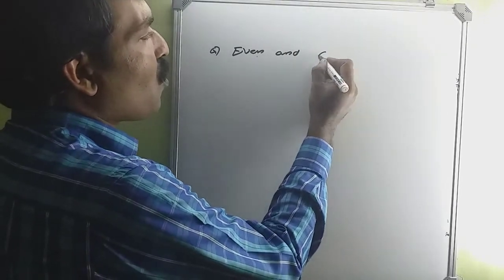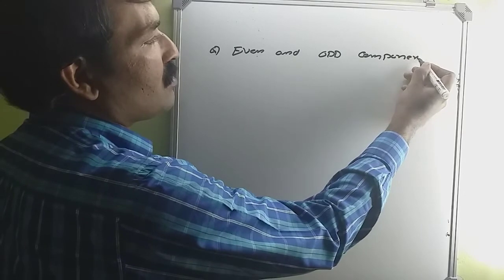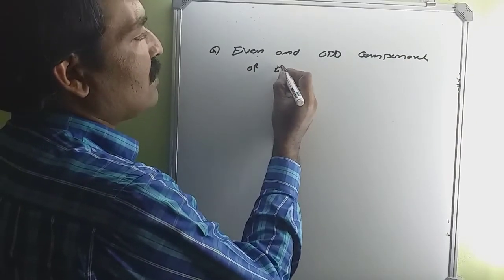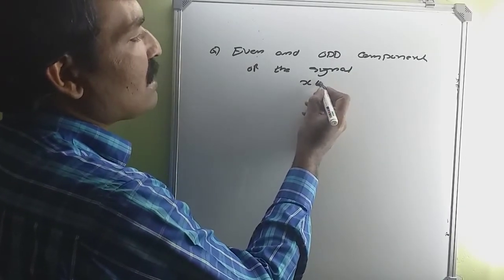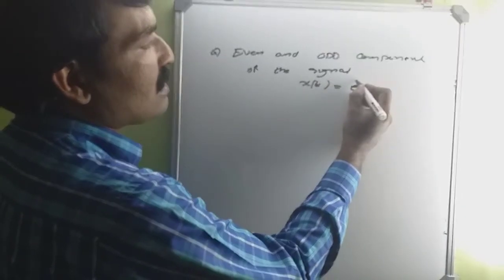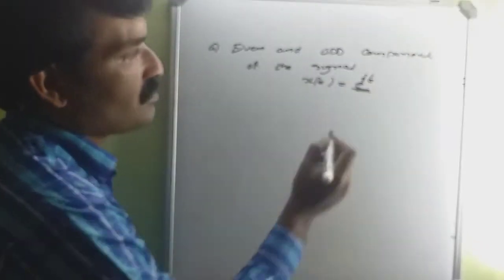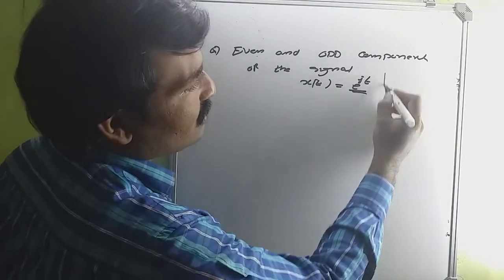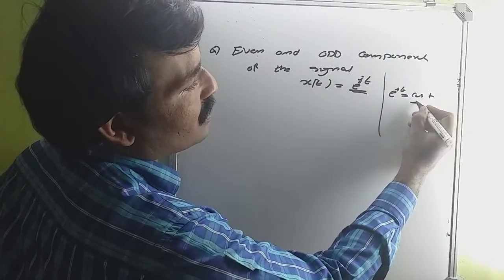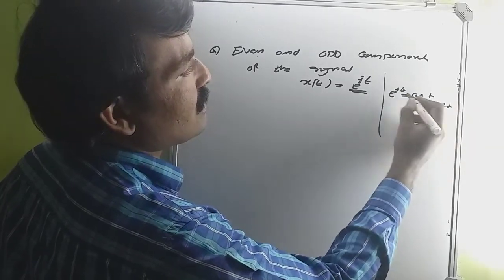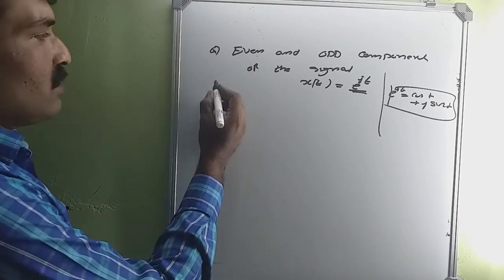Now, the odd component of the signal x of t is equal to e raised to j t. What is e raised to j t? E raised to j t is equal to cos t plus j sin t. Now, choices are given.